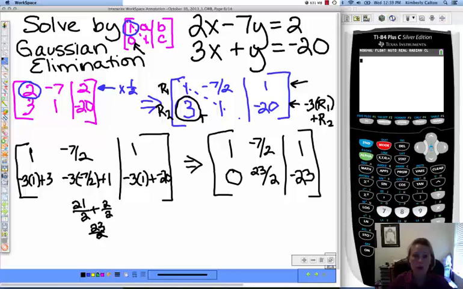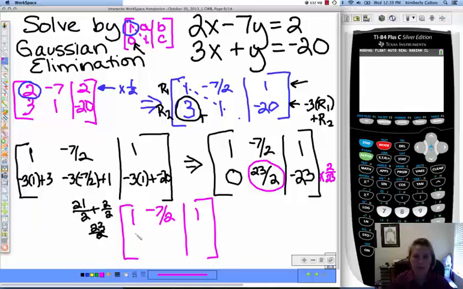So now the only thing left is that we must fix this. And we want to multiply this row. Row 2 is going to be multiplied by 2 divided by 23. So when I do that, we're going to write this one right here, 1, -7/2, and 1. And then we have 0 times 2/23.